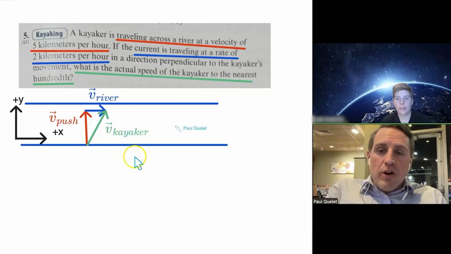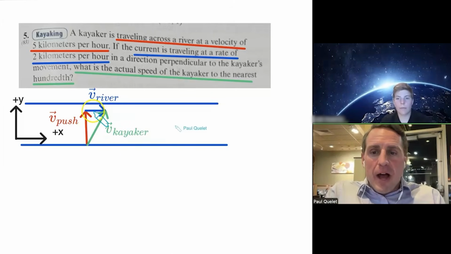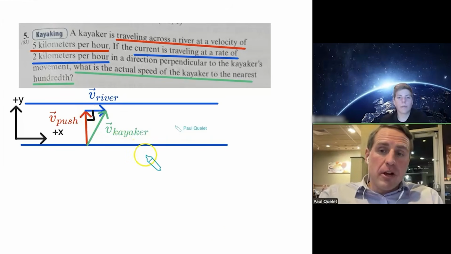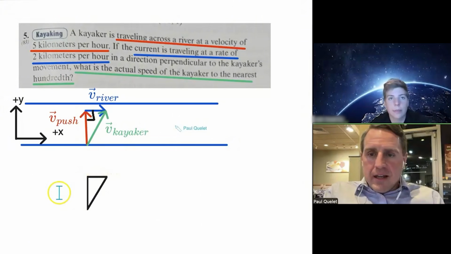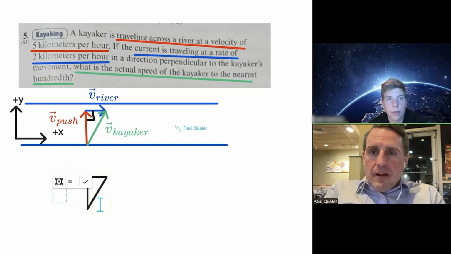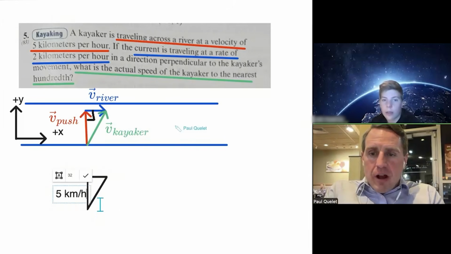So yes, you are indeed correct. It's essentially going to be the hypotenuse of a right triangle. You see that? Because indeed they are perpendicular to one another. So let us simplify this problem down to a right triangle that corresponds to what's going on here. So I think that, let's see, this side would be 5 kilometers per hour.